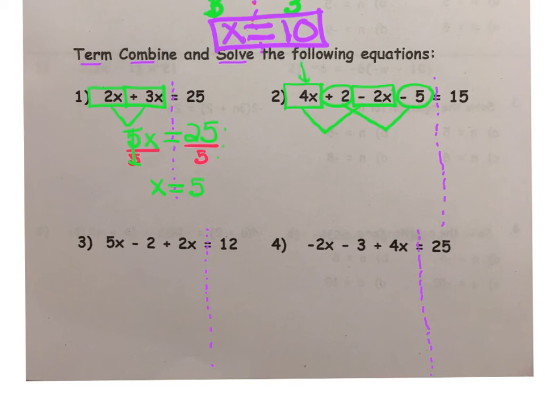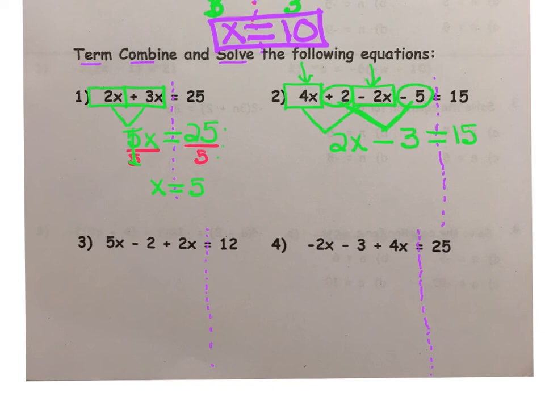Here, a gain of 4 x's, but a loss of 2, or minus 2, gives us 2x. And for our constants, a gain of 2, but a loss of 5. That gives us a loss of 3, or minus 3. Now you're ready to solve. In a moment, you can solve this on your own.